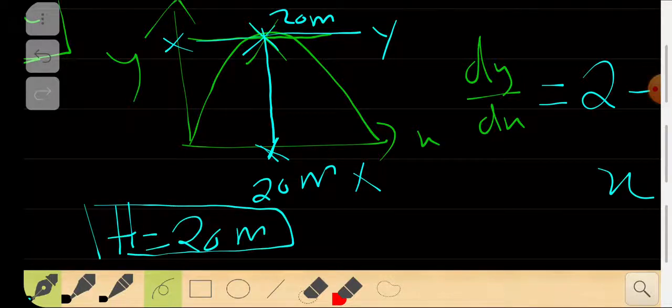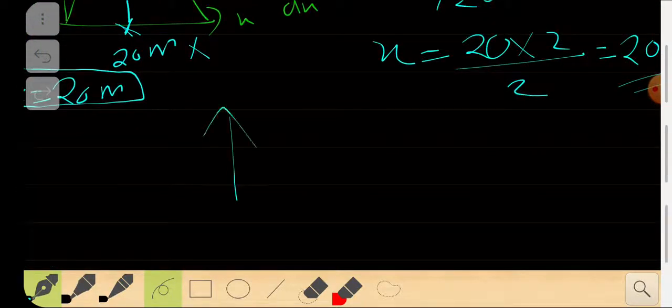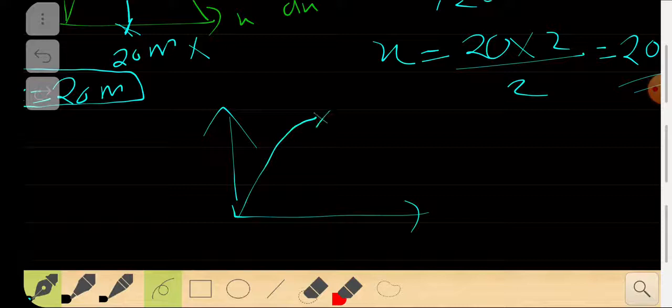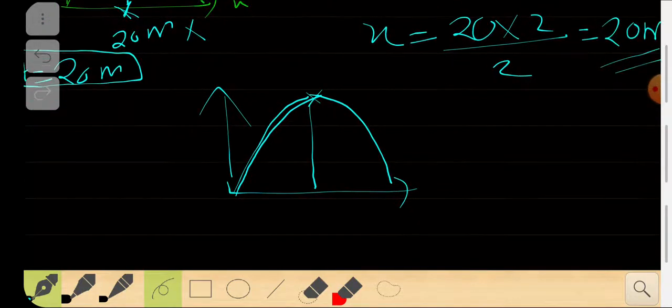And now the next thing is the range. This is a parabola. The innate property of a parabola is that if you have a peak at this point, then the trajectory will be the same in the other direction as well. Whatever this distance is, the same distance will be in this direction.